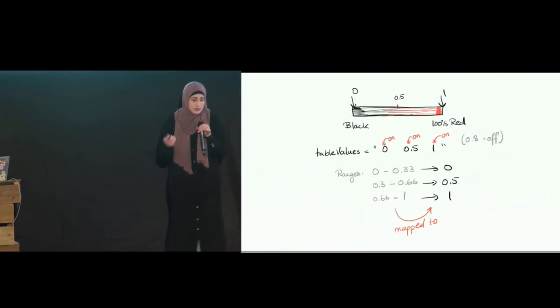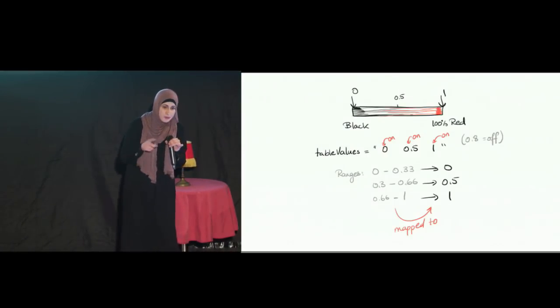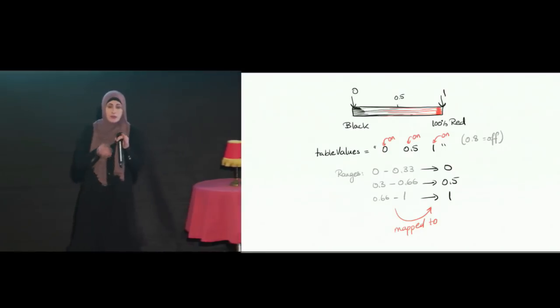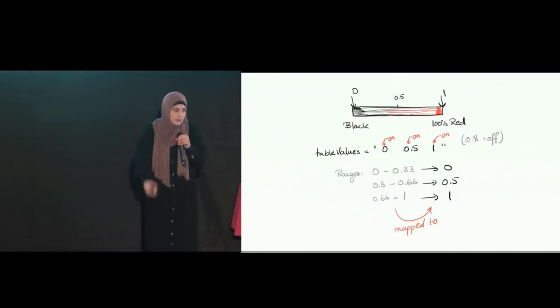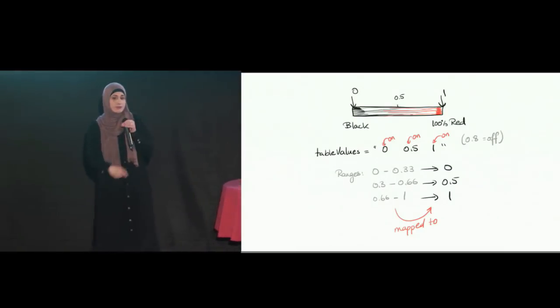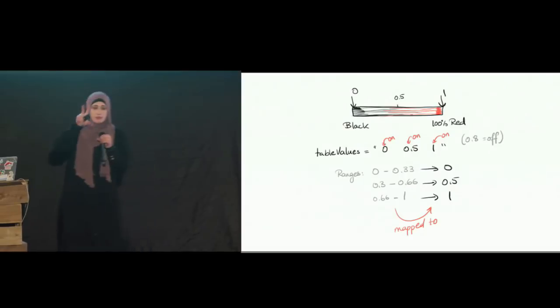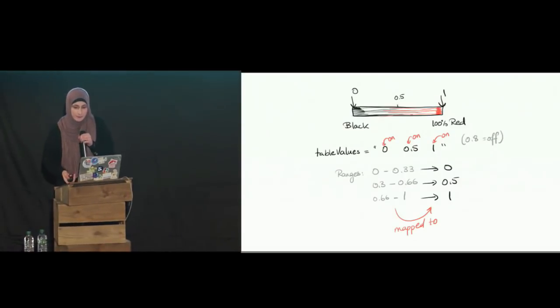So if you have a red color, for example, between the range 0 and 0.33, the browser is going to map it to just 0. So all of the shades between 0 and 0.33 will just be one shade, less color. 0.33 to 0.66 will be mapped to your 0.5. So you only have 3 shades of red. You're decreasing the number of colors and therefore getting that poster effect.